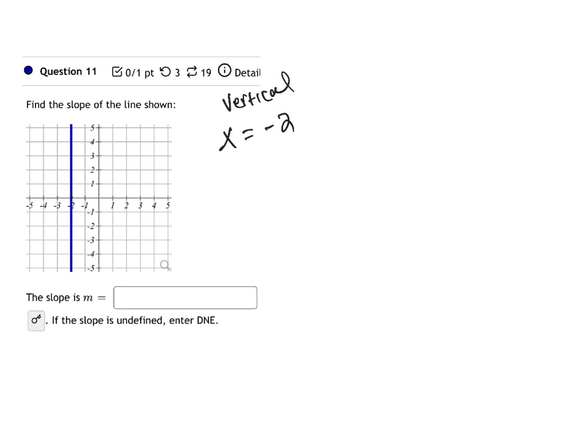So if you were to go here, -2, 0, -2, 1, so you can see you're forming a vertical line. Whenever you have a vertical line, your slope is going to be undefined. So we're going to put D and E because that's what this software wants us to do. So in here, it's undefined, so we put D and E.